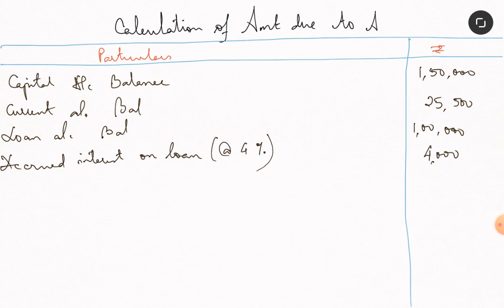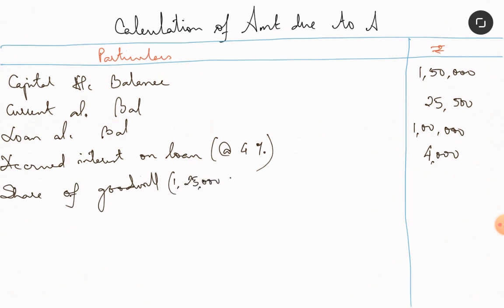And as we've stated earlier, there is a share of goodwill, point number 5. Total goodwill is 1,25,000. Out of that total, some portion of it belongs to A. So that portion which belongs to A, we have to pay to A. So write it down as share of goodwill. So total goodwill is rupees 1,25,000.